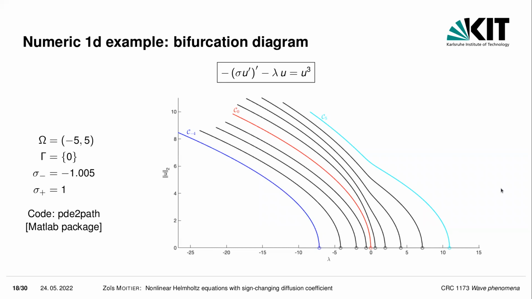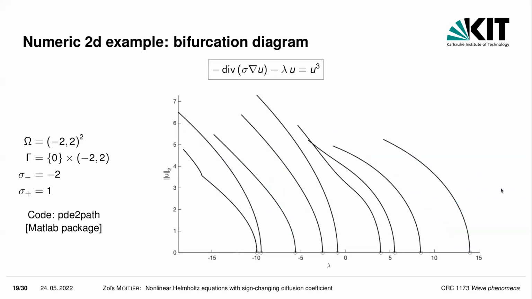Okay, and we also did the bifurcation diagram in a 2D setting. Here we have basically two squares that we have glued together, and we see the same kind of curve, and this is why I insisted earlier on the point crossing.